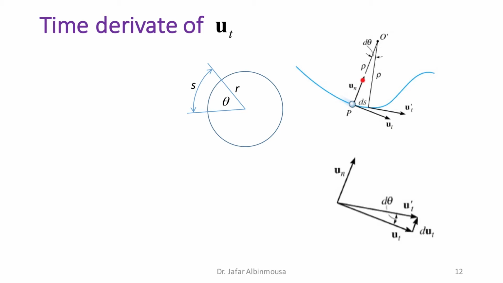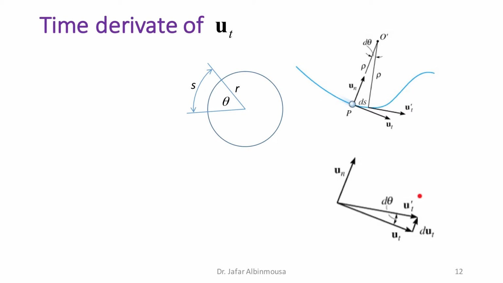And perpendicular to it, we have un, which is pointing toward the center of the curvature. But after time dt, the particle moves to this position, where we have a different ut, which we call ut prime.